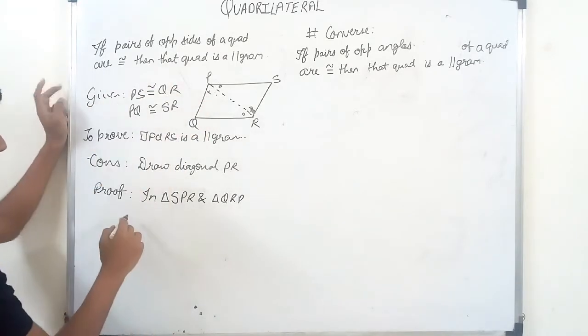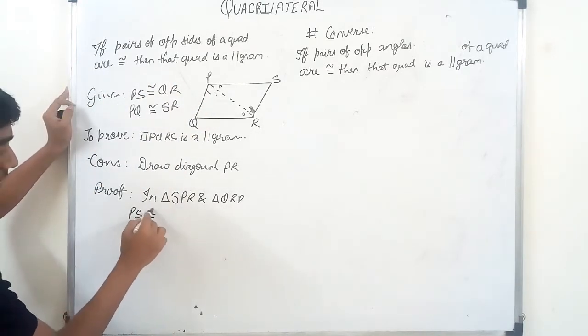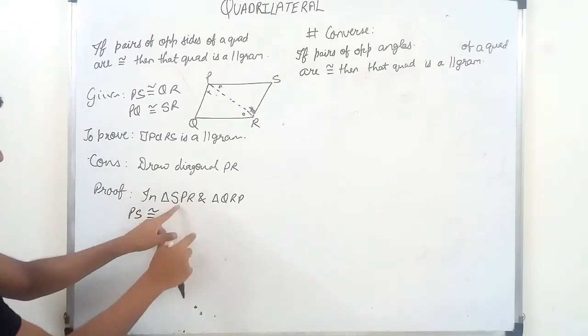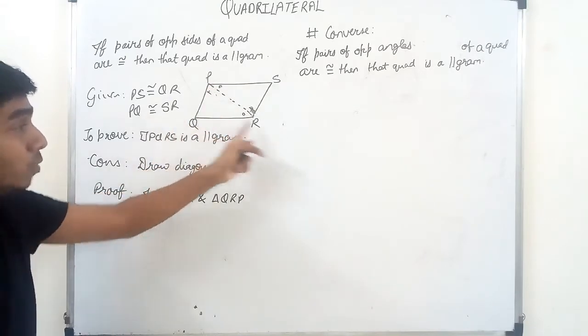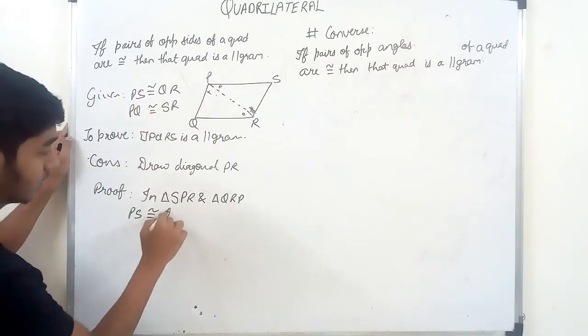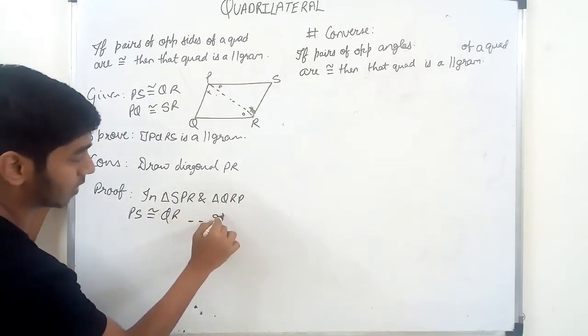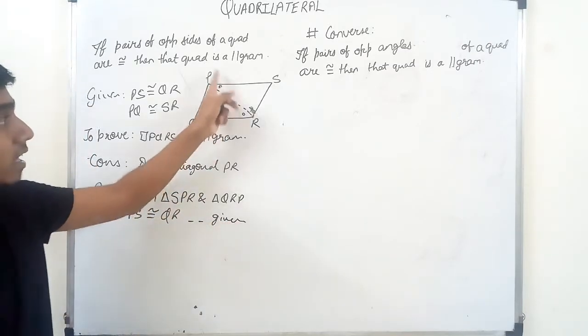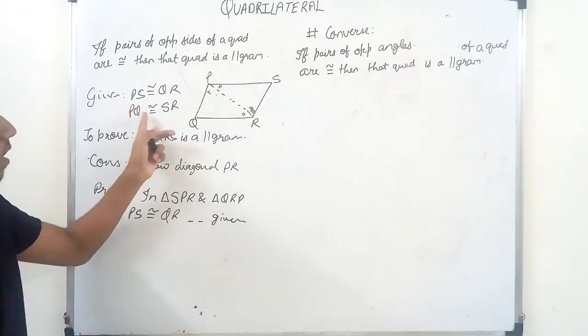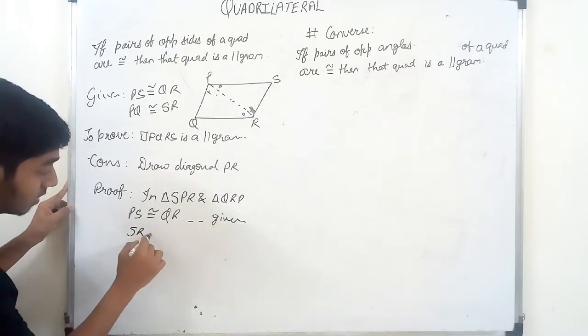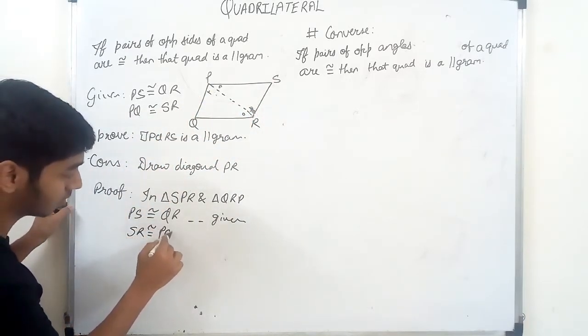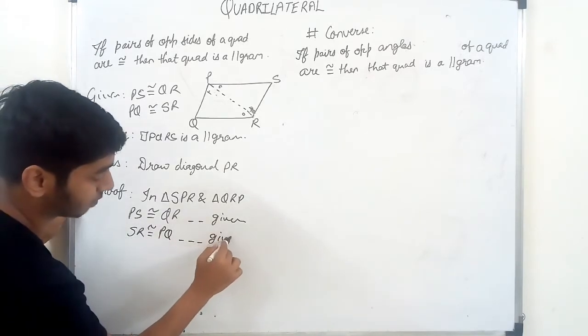So here, from SPR triangle, SP is congruent to QR, which is given. Yes or no? So this is given to us. Then SR is congruent to PQ, which is also given.